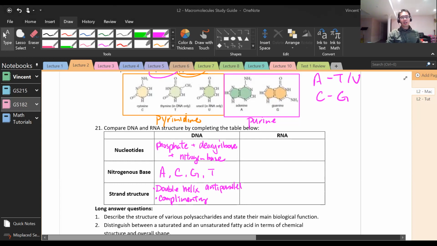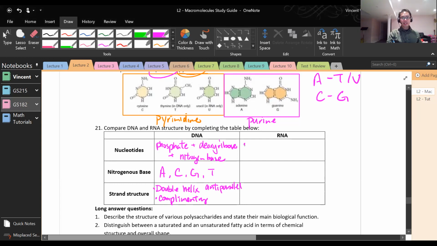And for RNA, it is the same thing. We will have the phosphate. This time we have a ribose sugar, so it's not missing an oxygen, plus a nitrogen base.